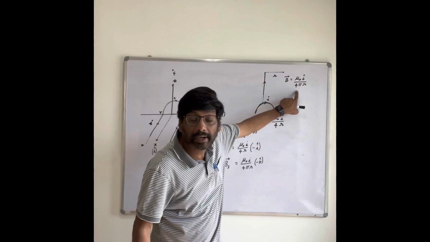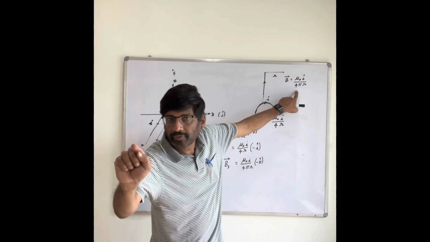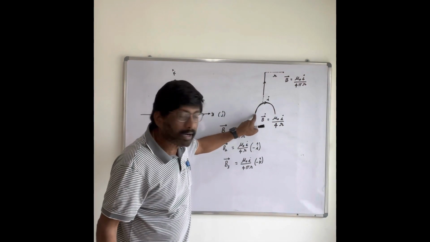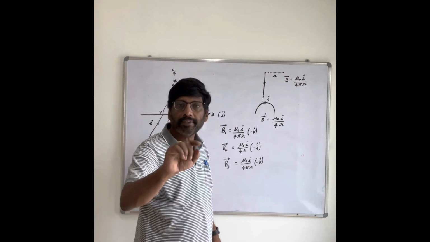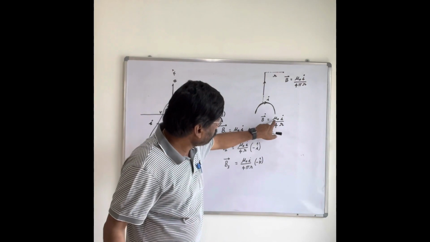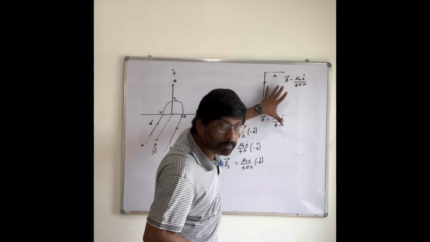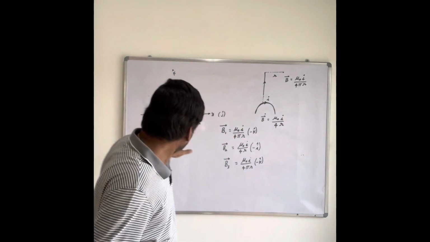This is the magnetic field at the end of a semi-infinite conductor. And also we know that the magnetic field due to a semicircular conductor is mu naught I by 4r. We need these two formulas to solve this problem.